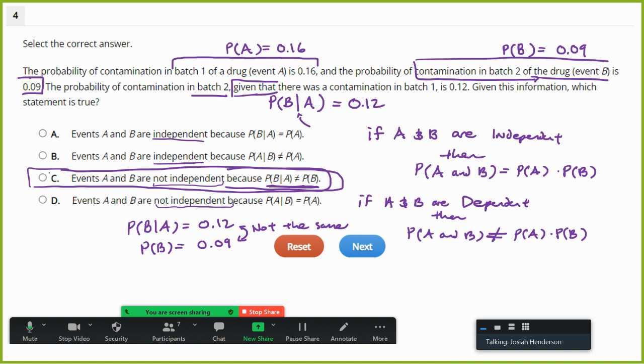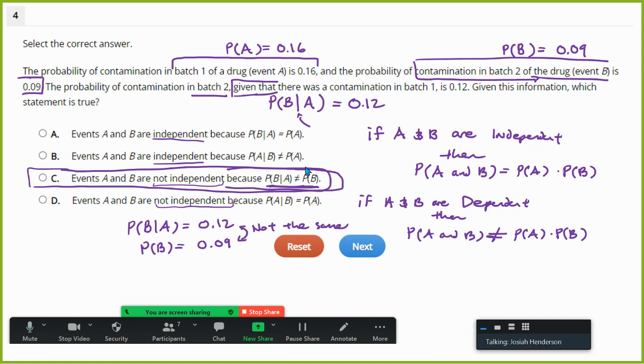We have to be detectives. We have to take the information they give us, the probabilities they give us, and see which scenario lines up with what they're giving us. And then that routes us towards independent or dependent.